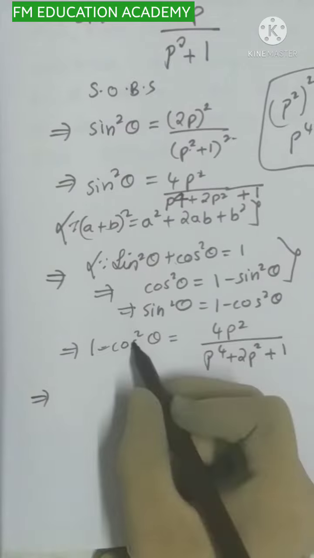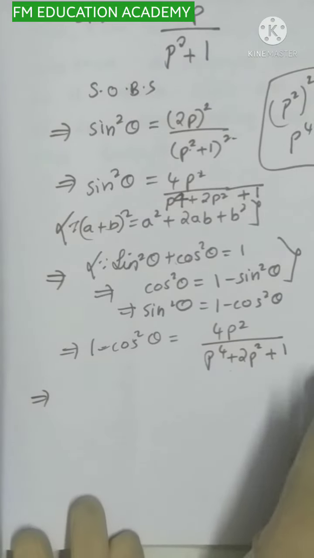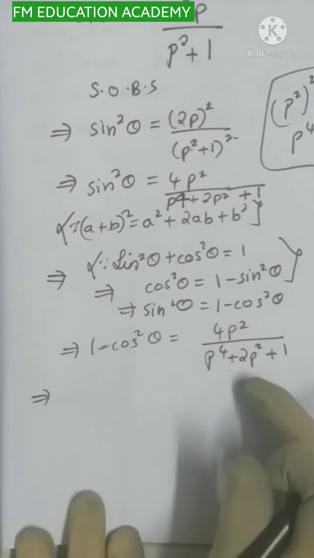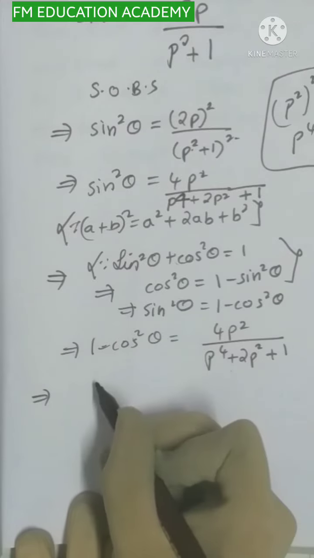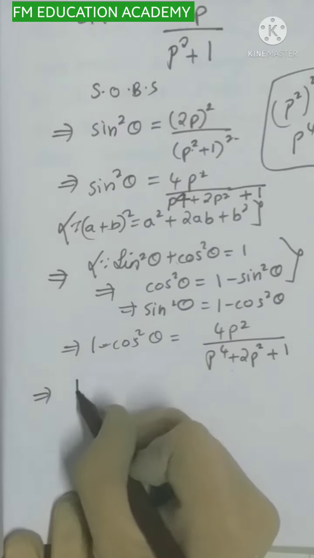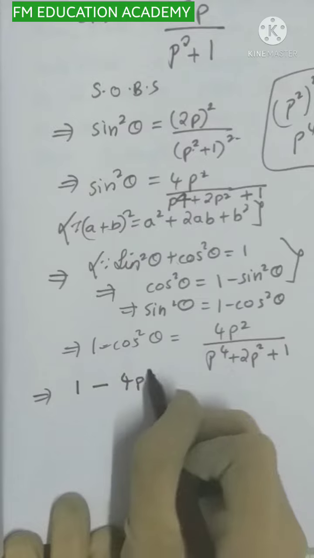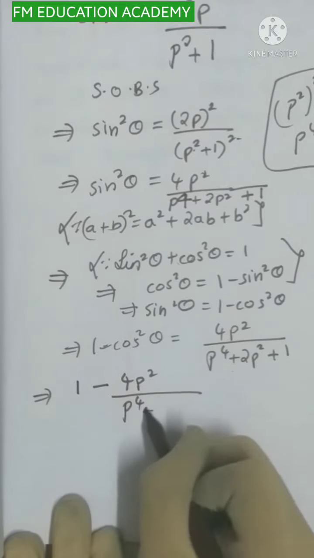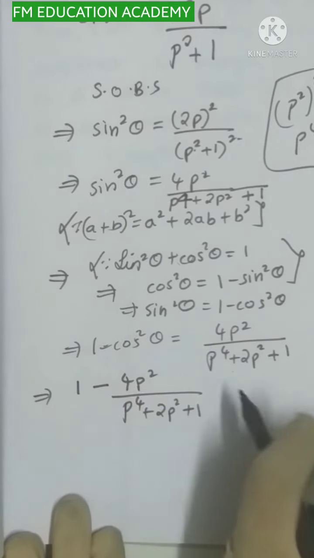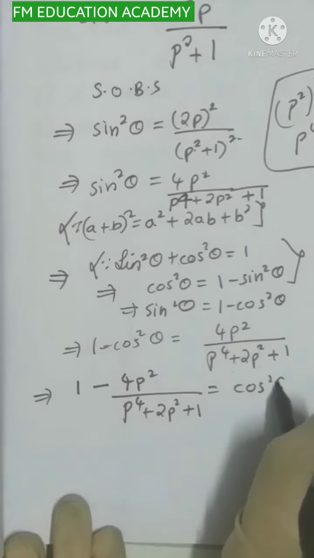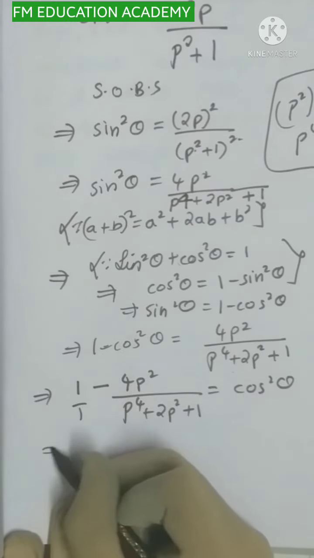Now send this minus cos square theta to that side, and send 4p square by p power 4 plus 2p square plus 1 to this side. So it becomes 1 minus 4p squared by p power 4 plus 2p squared plus 1 is equal to cos square theta. Now take out the LCM.